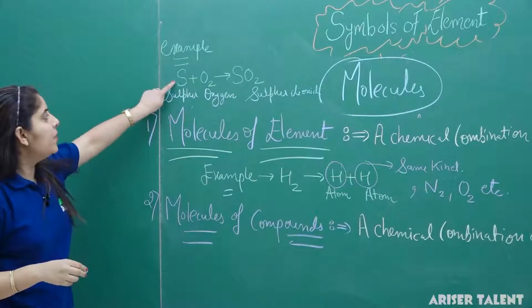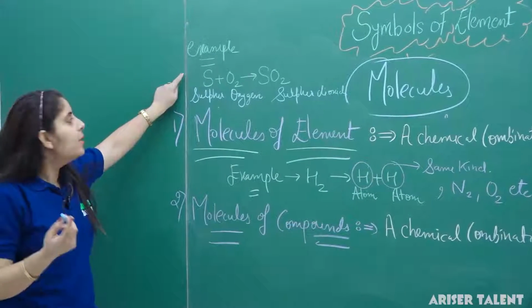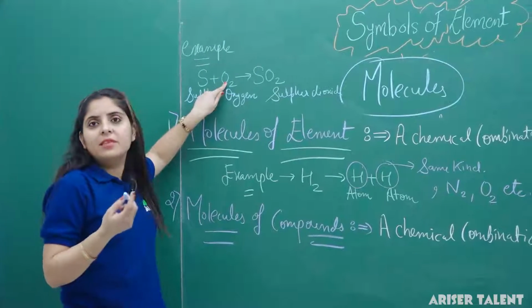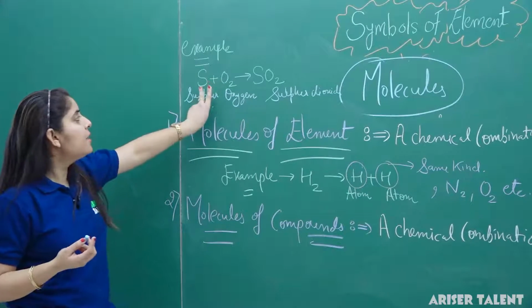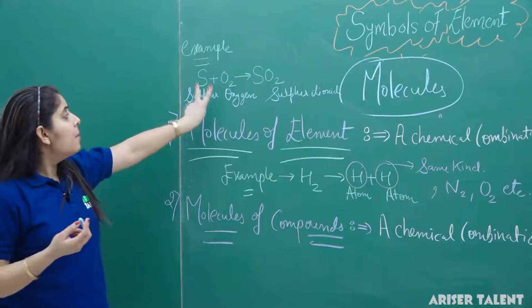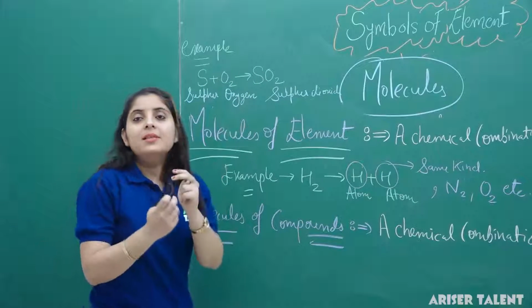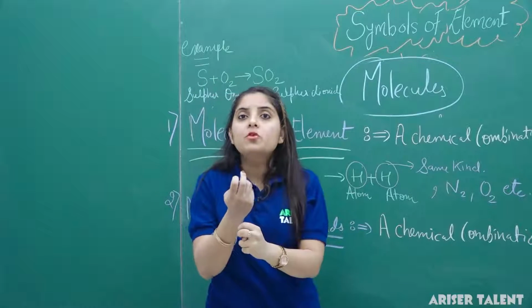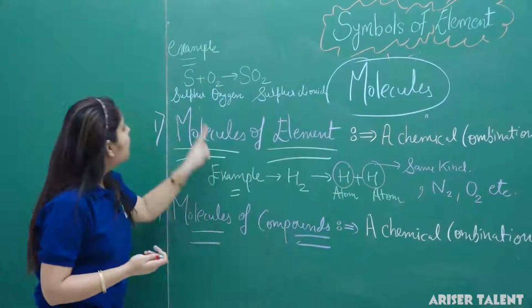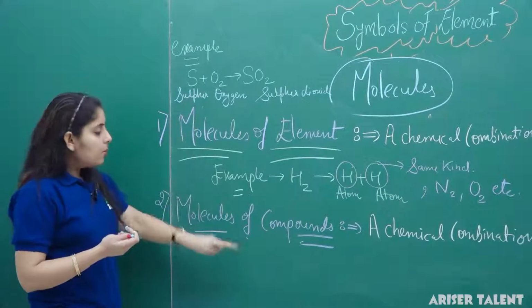It means we have one atom of sulfur and two atoms of oxygen. It means different atoms combined together to give a particular product, bound by some attractive force between them. So this is considered in the molecules of compounds category.